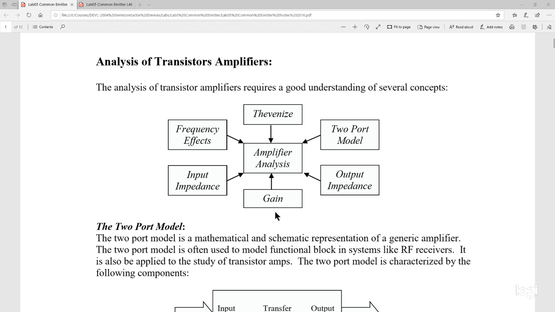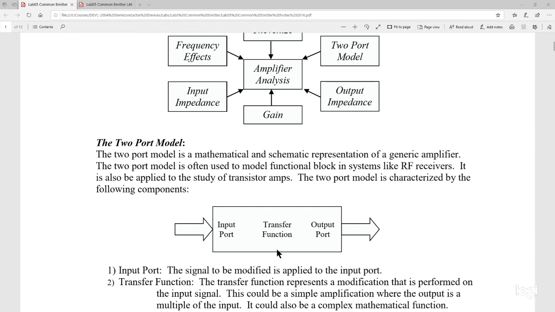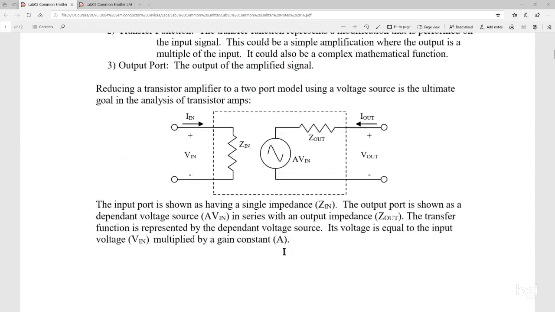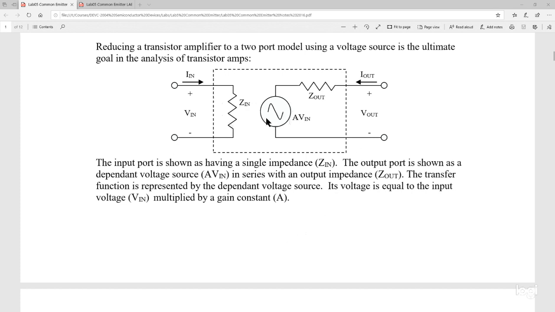I think I introduced it last week and I said that there's a lot of things you have to take into consideration when you're analyzing transistor amplifiers, a whole bunch of different concepts that you have to master, and then put together in order to do the analysis. Some of them we talked about last week. We talked about the two-port model with an input and output port, which is a dependent voltage source looking something like this.